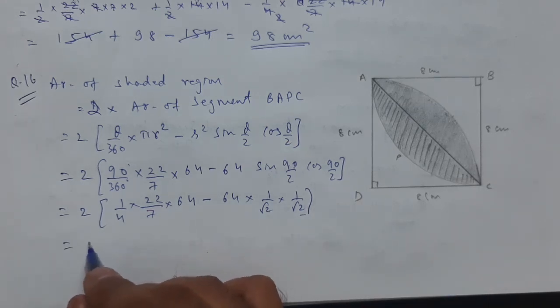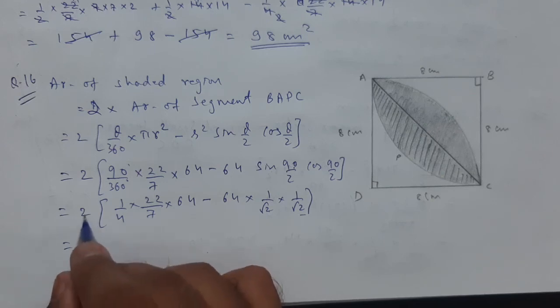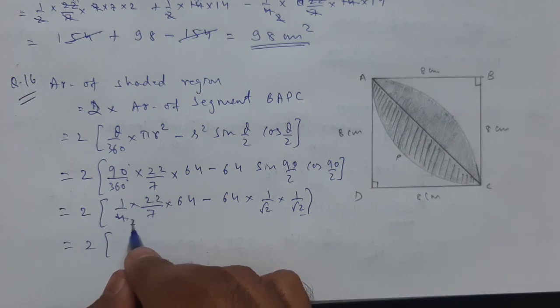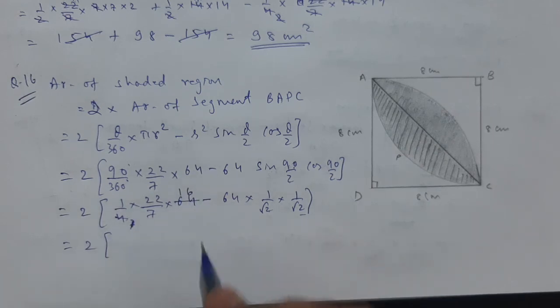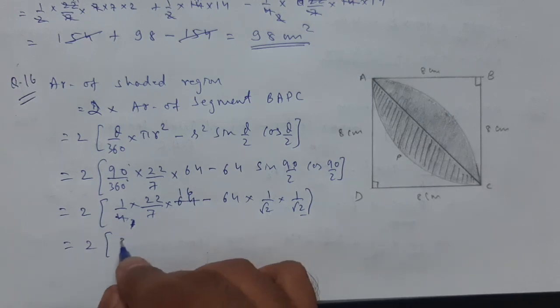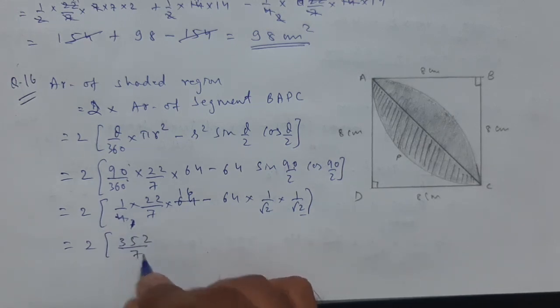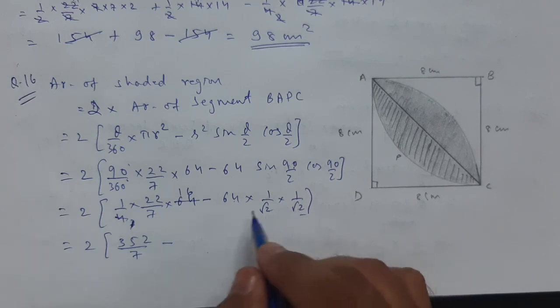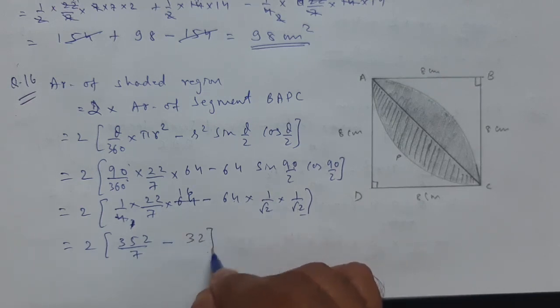That is equal to 2 bracket 16 into 22 will yield you 352 by 7 minus 64, root 2 is 2, so that will cut with this, it will give you 32.